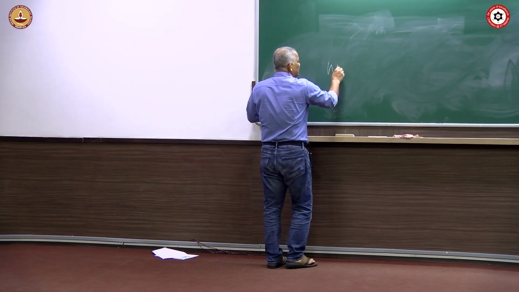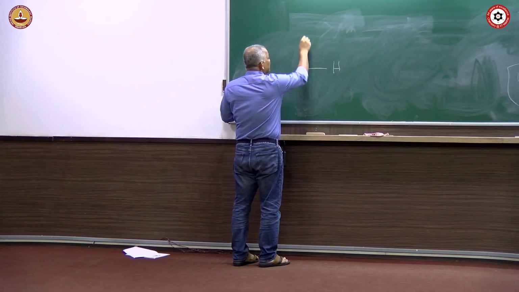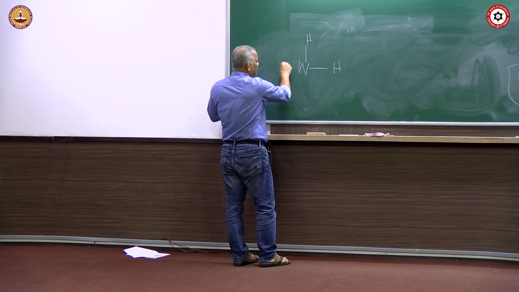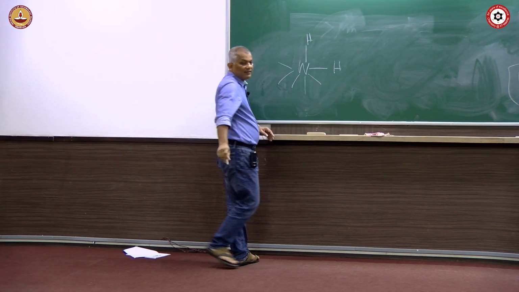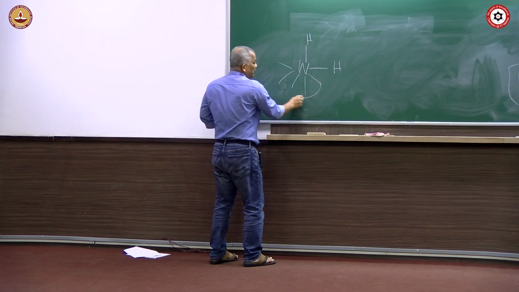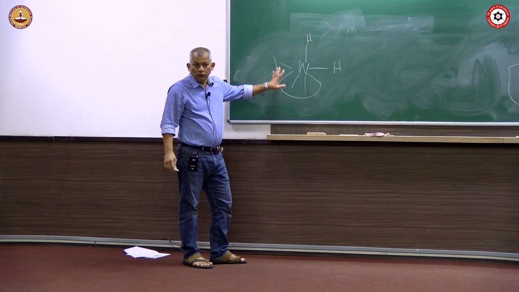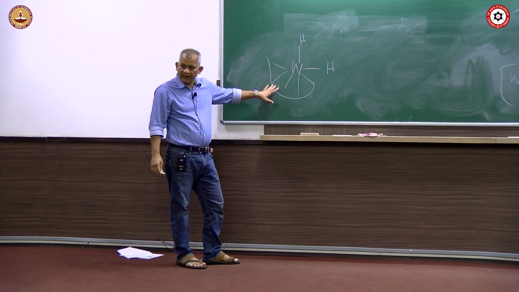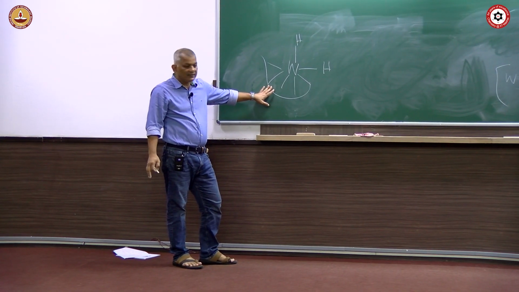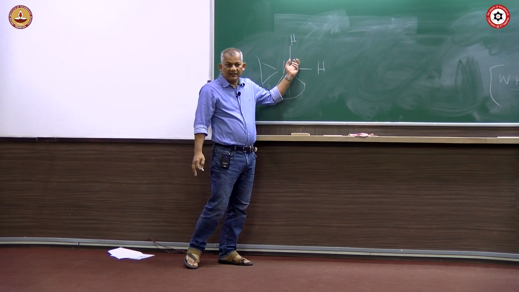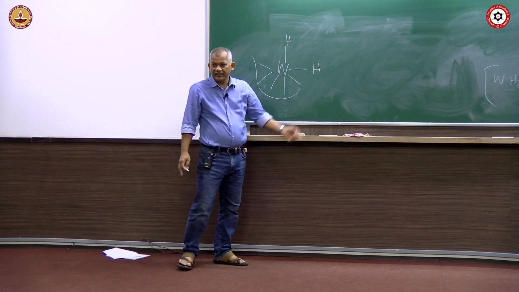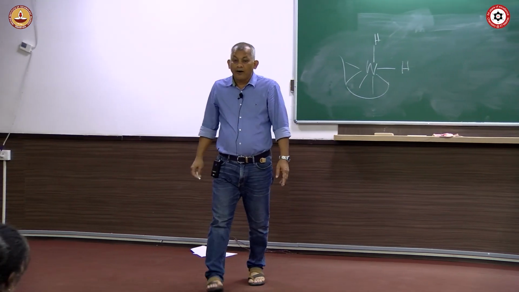So it's like this. Okay, and other things are 5 ligands. So you have 2 phosphine, 3 carbon monoxide, 10 electron. Tungsten gives 6 electron. 2 hydrogen gives 1 electron each.